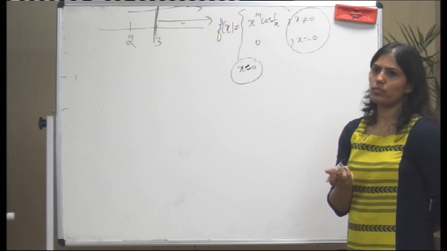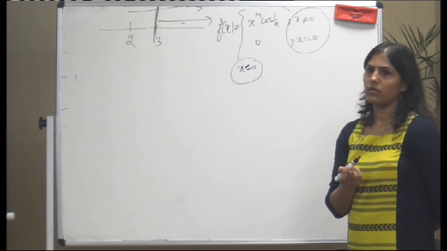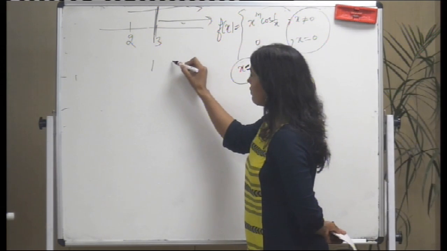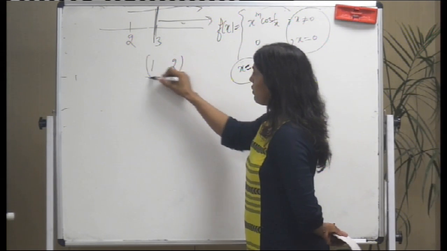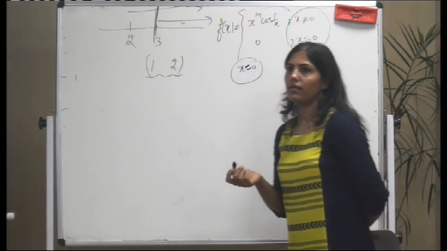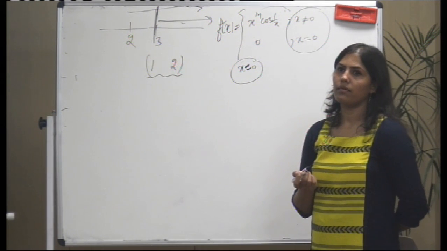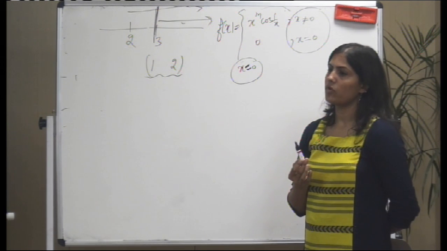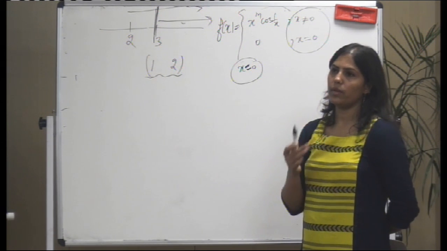M values basically we check, no? So you are saying between 1 and 2. All agree? All agree it will lie between 1 and 2.